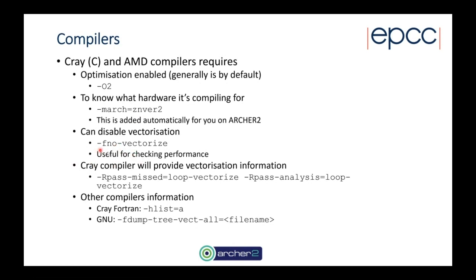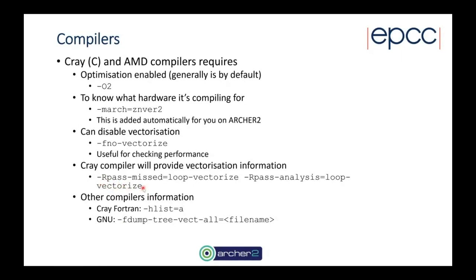You can turn off vectorization with -fno-vectorize for the AMD compilers. This is the C compilers here, AMD or Cray C compilers. And you can also get information from the compilers on whether it vectorized your code well or not.